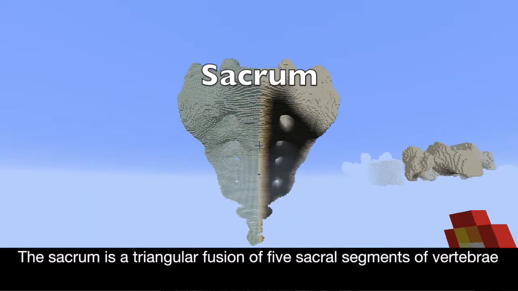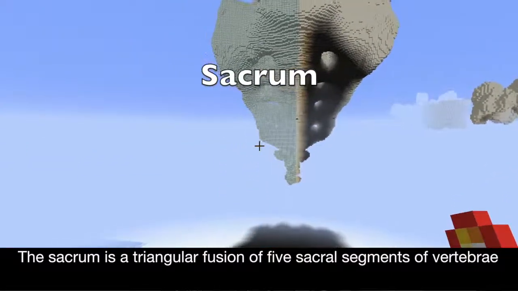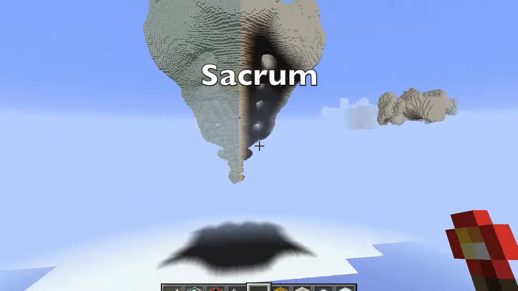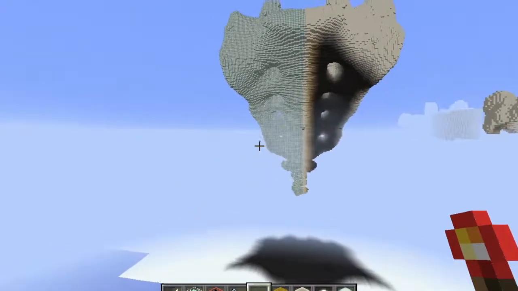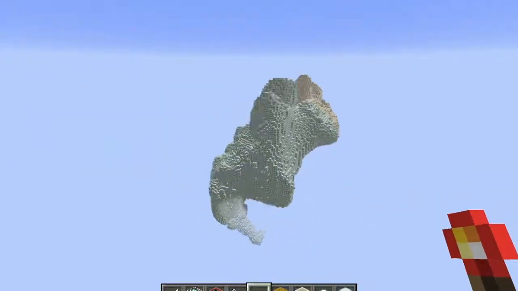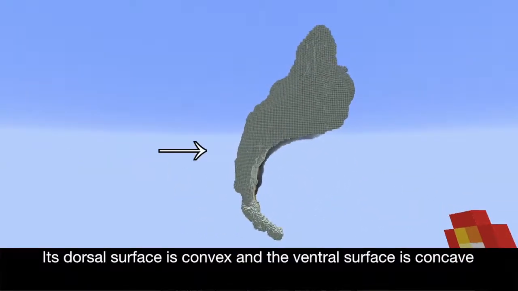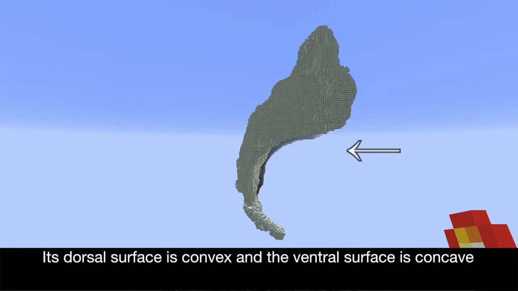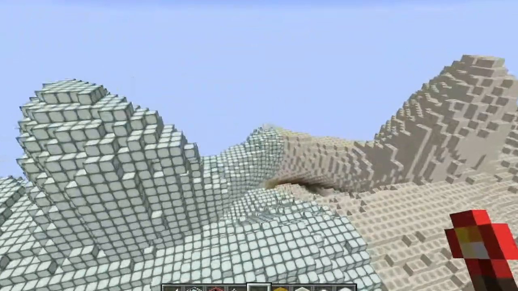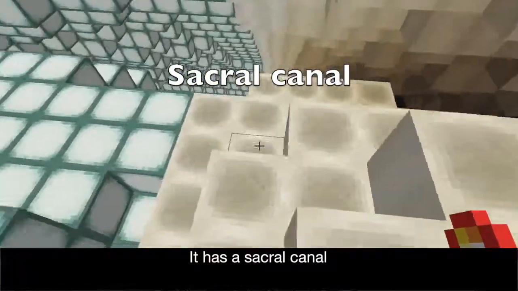The sacrum is a triangular fusion of 5 sacral segments of vertebrae. Its dorsal surface is convex and the ventral surface is concave. It has a sacral canal.